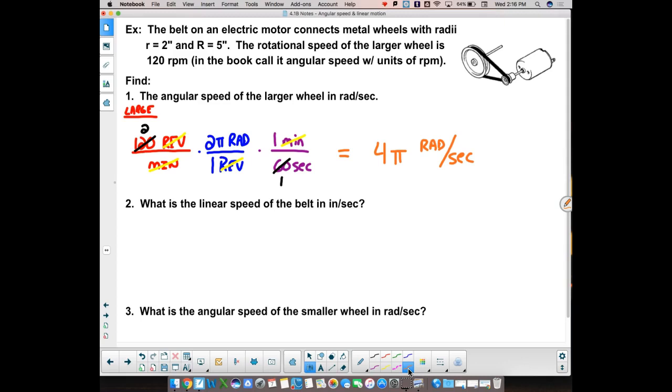What is the linear speed of the belt? Well, we know that we were on the larger one. We know that the large wheel was spinning at 120 revolutions per minute, or 4 pi radians per second.